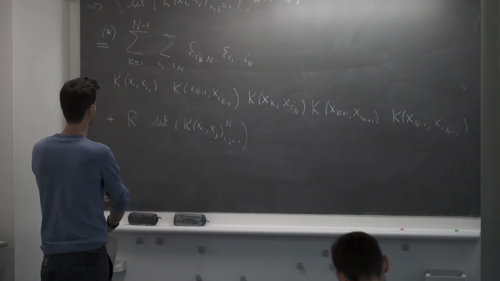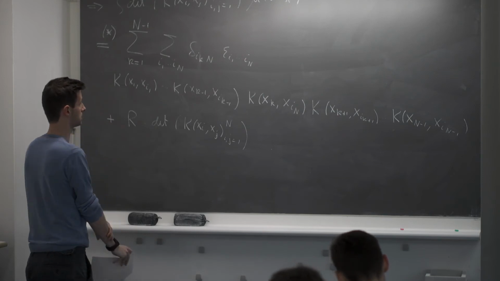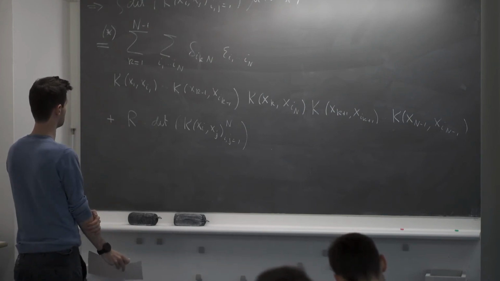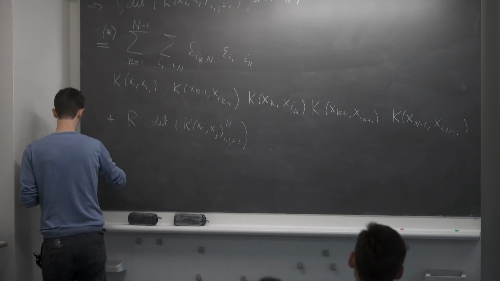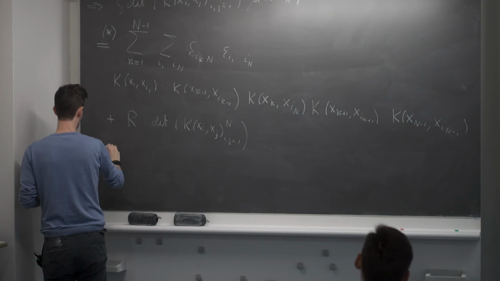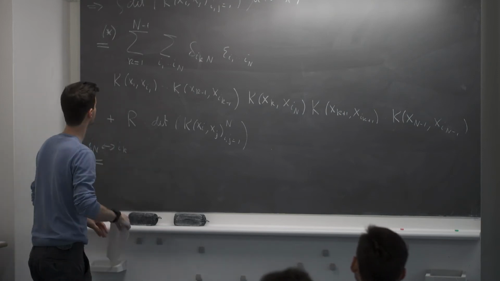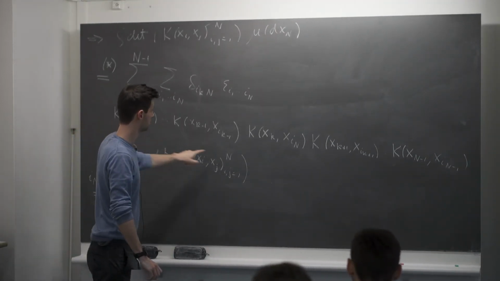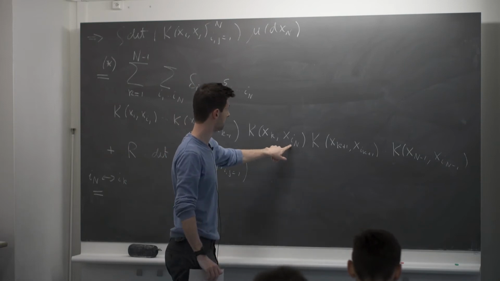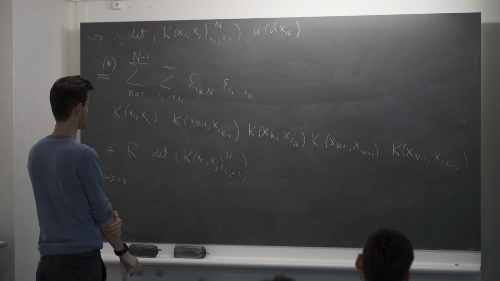We just have to recognize this first term as being the determinant of the same thing, so this guy here. And we can do that just by renaming the variables. So if in the first term I rename in as ik, this I can for sure do. So then this would become xk ik, and in does not appear anywhere else.